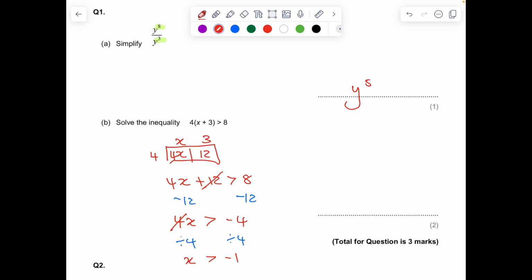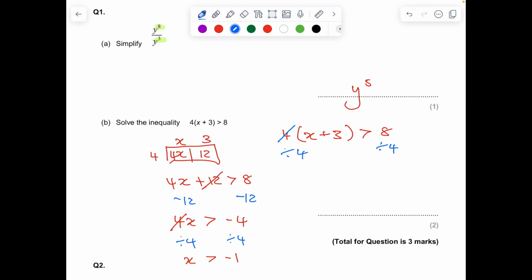Okay, the other way you could have done it is you could have gone straight into dividing both sides by 4. So if I divide both sides by 4, it gets rid of the times by 4 here. And the only reason why you can do this is because on the other side, the 8 is divisible by 4.